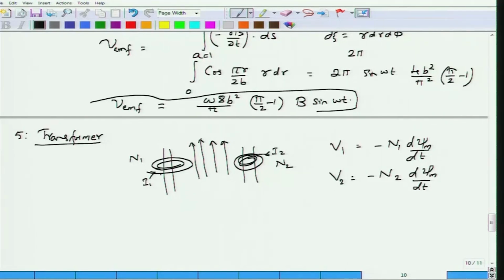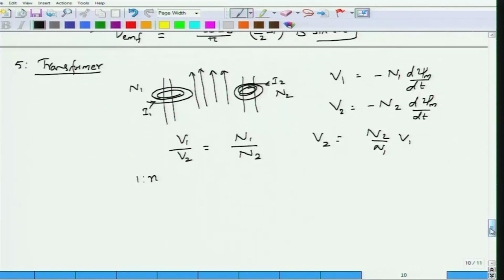So, you can actually see the ratio of V1 by V2 will be N1 by N2, right, and V2 will be equal to N2 by N1 into V1. Normally we are concerned with transformers which are given by 1:n, right.